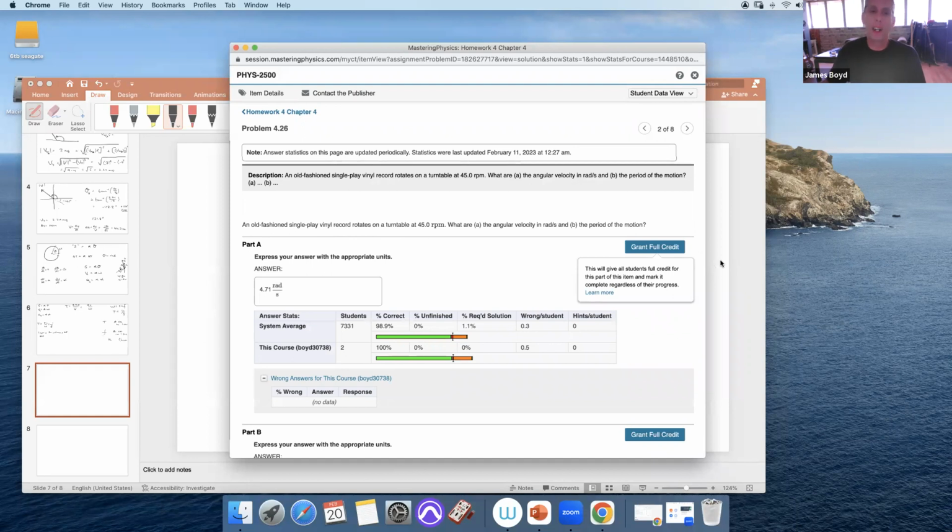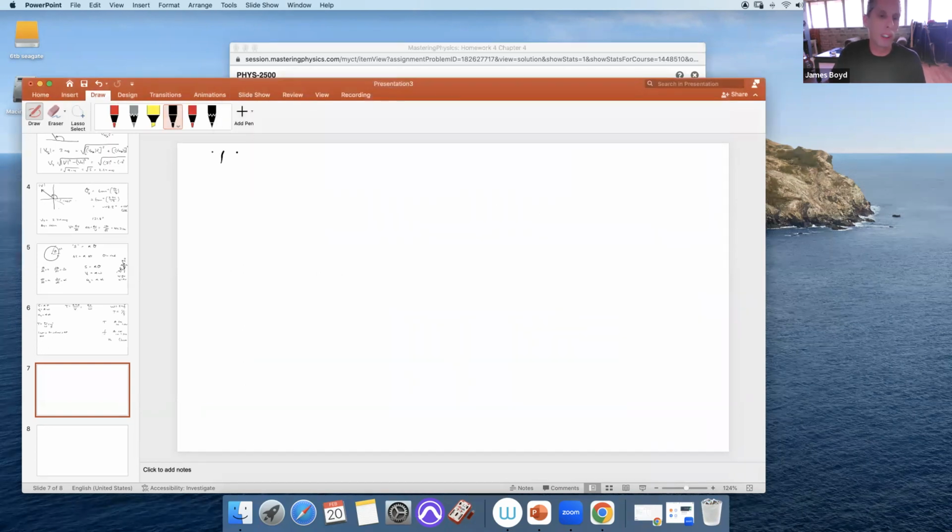So an old-fashioned record player rotates at 45 RPM, and we want to know the angular velocity, omega, and the period. Omega is in rads per second, and RPMs are revolutions per minute, so we need to turn this into radians and seconds.